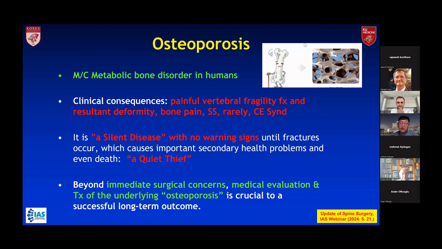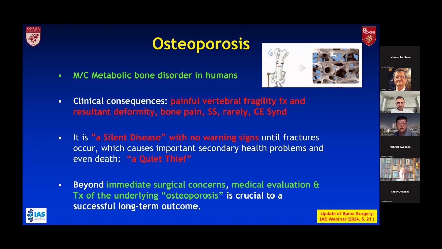Osteoporosis is known by some doctors as the silent disease with no warning signs, and sometimes a quiet thief, because until the osteoporotic fracture occurs, there are no warning signs.